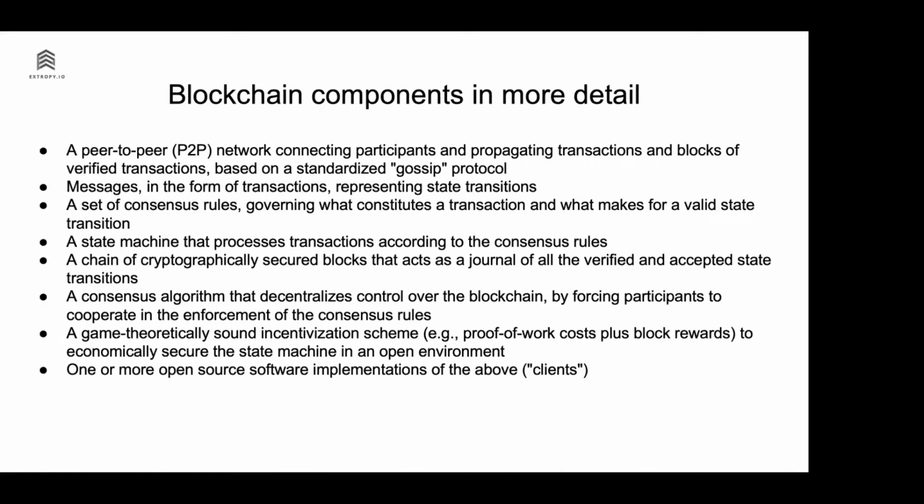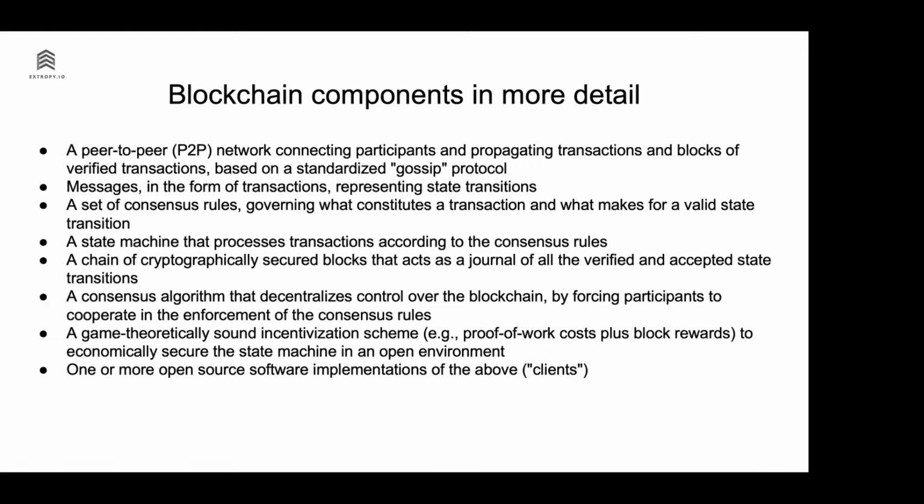You can think of the whole system as being a type of state machine, a pattern you've probably come across in previous technology, which has an initial state. We apply some transactions, which are our state transitions, and then we get a new state. And all of this is done according to the rules we have decided.